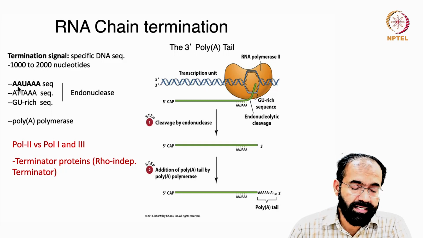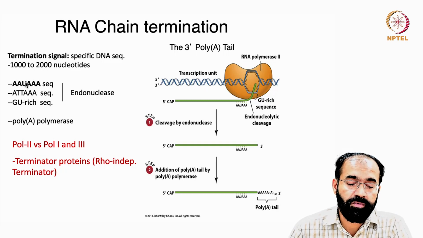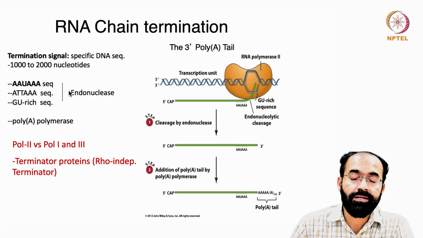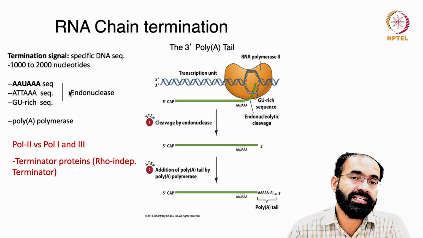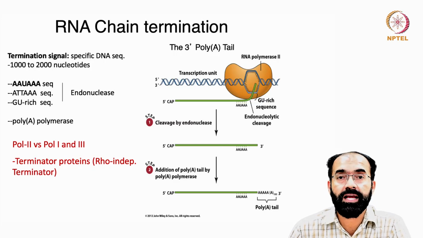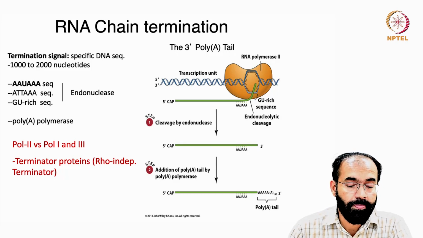So TT can be UU in the case of RNA; when it is in DNA it is T, when it is in RNA it is U. These sequences have to be present, which will be recognized by the endonuclease so that it can cut at the specific location, so that the growing RNA can fall apart from the transcription bubble.